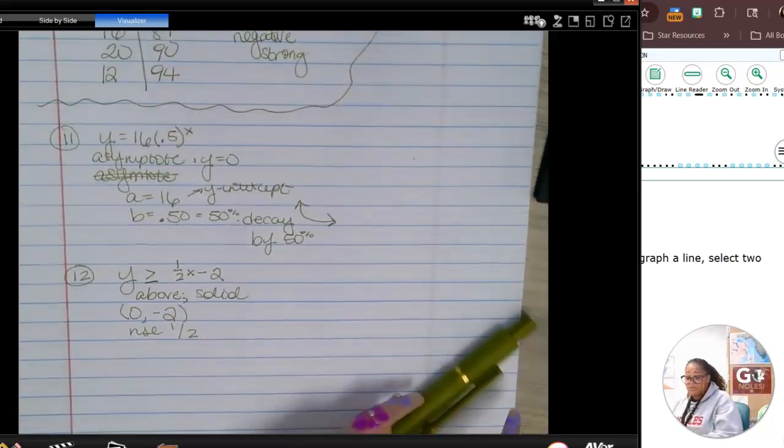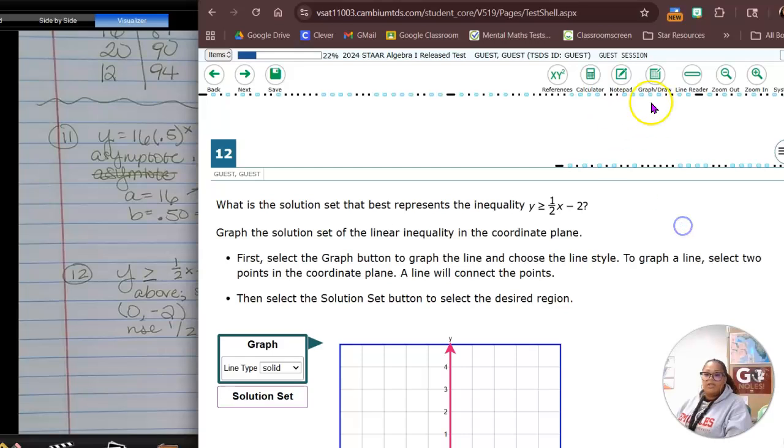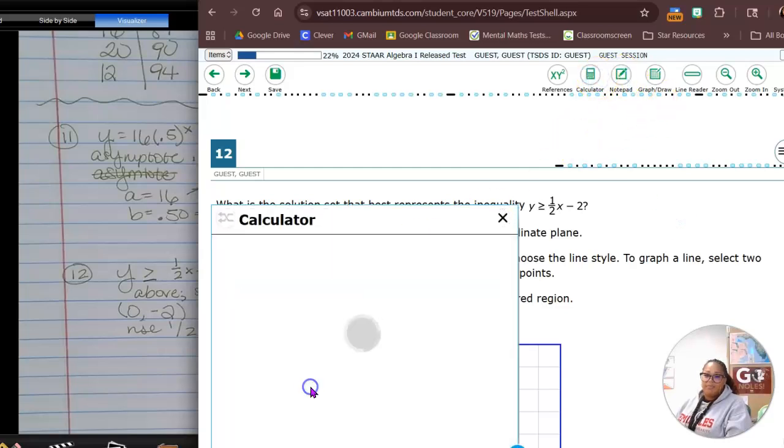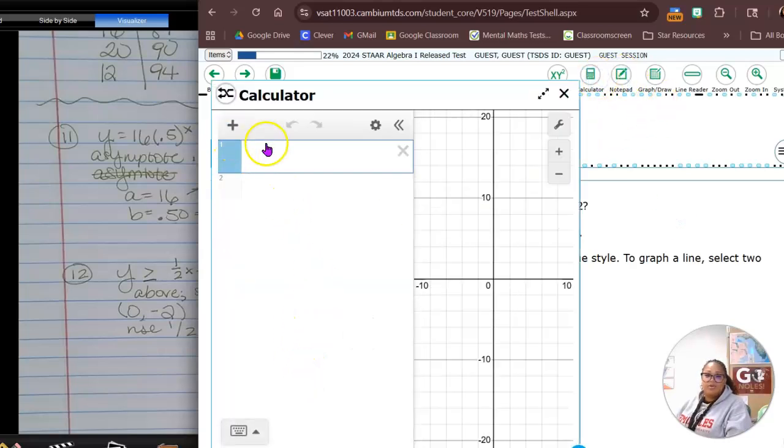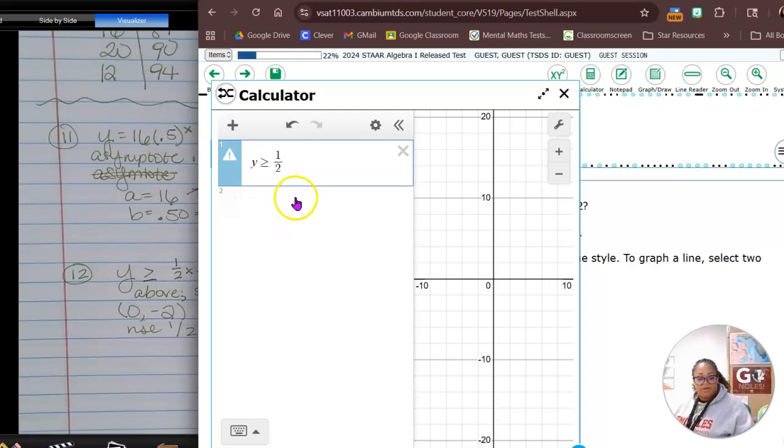I can put this in Desmos and look at the line that way. I can get my points. Desmos, y equals, notice I did not put less than or equal to or greater than or equal to because it won't let me. Look, if I type in less than or equal to 1/2 x minus 2, it's going to give me an error. I can't use inequalities, so I have to make this an equal sign.